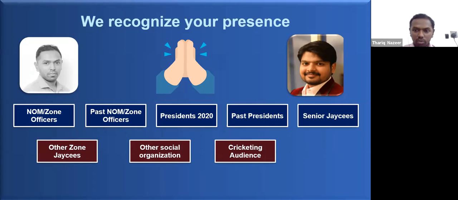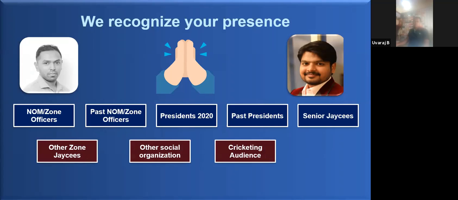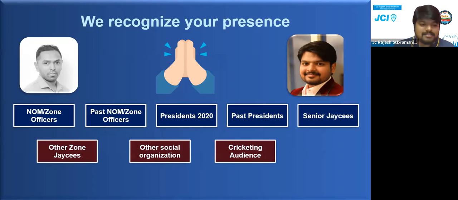Over to you, Rajesh. On behalf of JC Hosur Lake City, I would like to recognize the presence of the zone officers, current zone officer JC Om Saranam, who is the zone vice president. We have some of our past presidents of JC Hosur Lake City, JC Anbu and JC Chandrasekhar Beer, and some of our counterpart LOM presidents in JCI Zone 16.